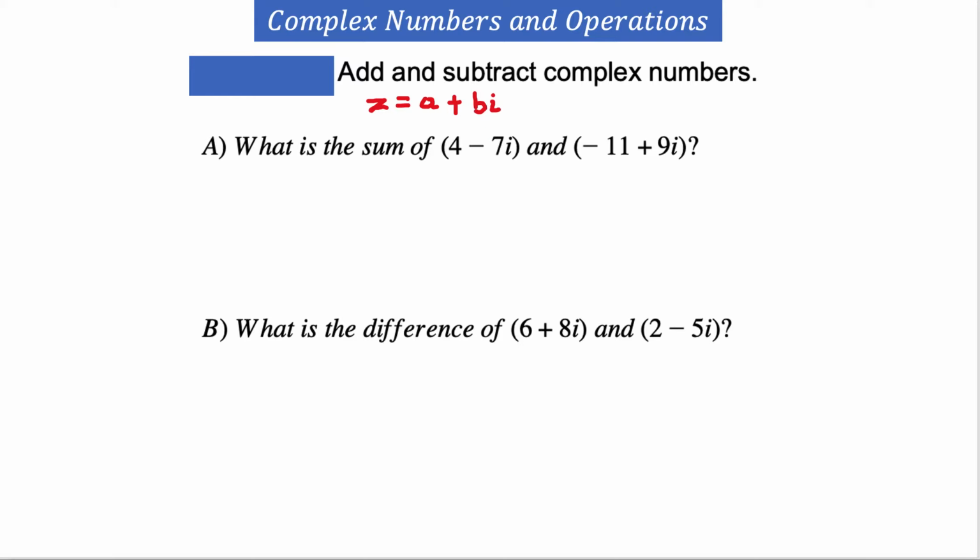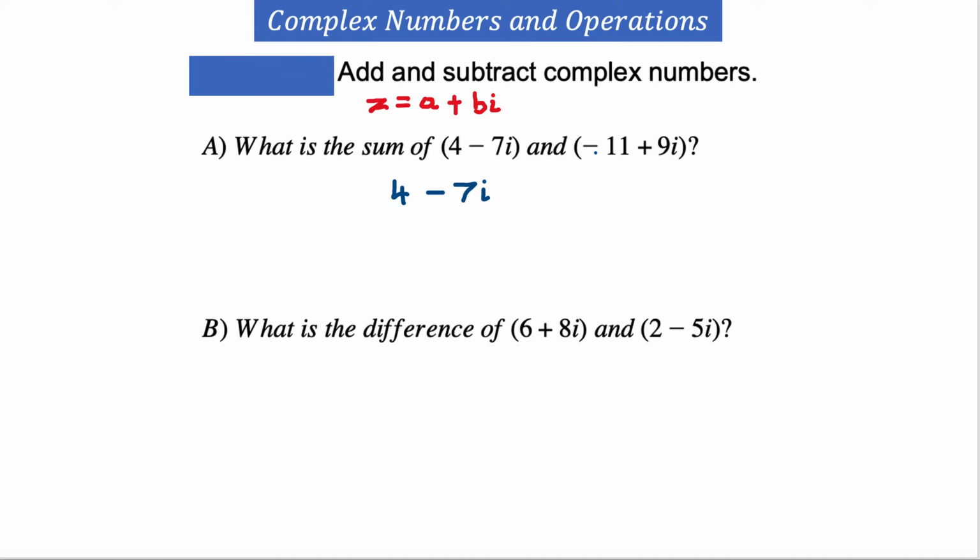Now let's try to solve these problems. In A we have: what is the sum of 4 minus 7i and minus 11 plus 9i? When we write the sum, we write 4 minus 7i, the first complex number, and the second complex number, because it is positive, we write as it is.